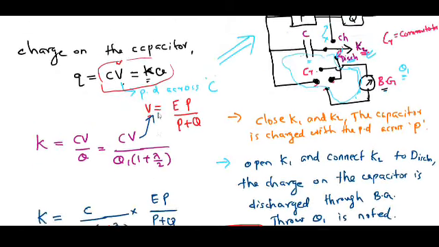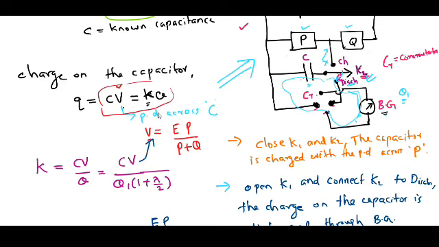If you select different values of P and Q, then the potential difference across P will change. According to that potential difference, the capacitor will be charged. The charge on the capacitor depends upon the potential difference across P, which depends upon the value of P. Therefore, a particular amount of charge will be stored in this capacitor.